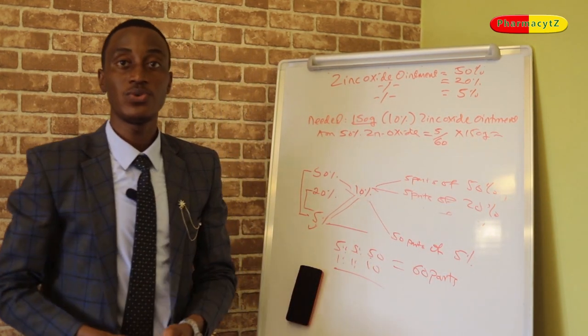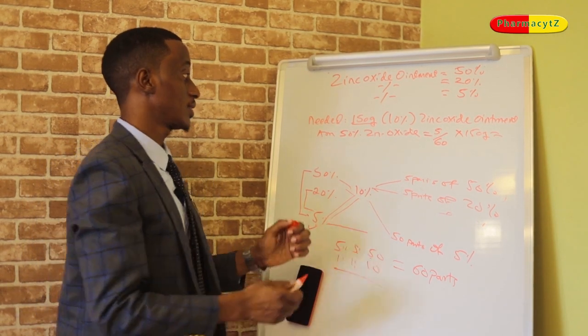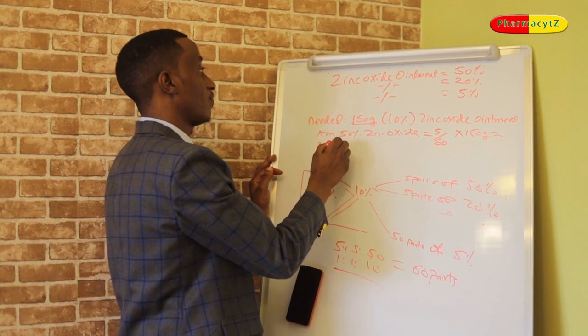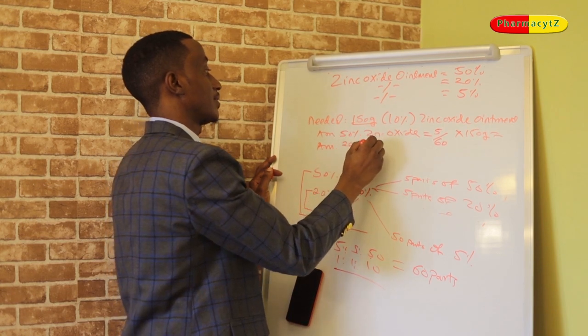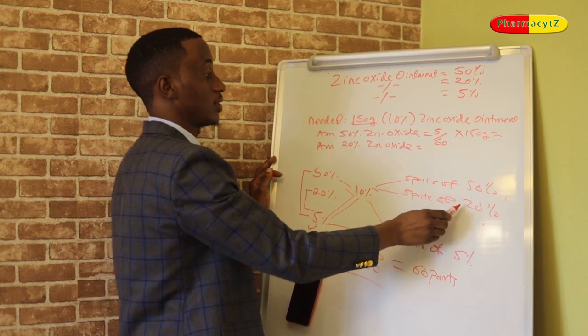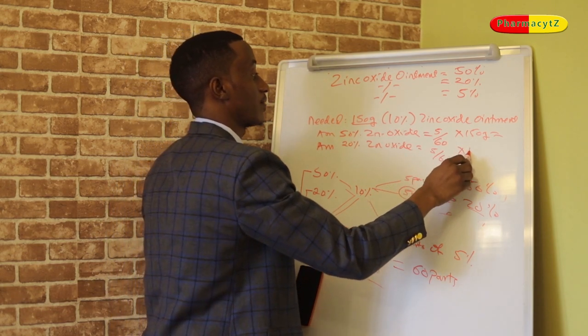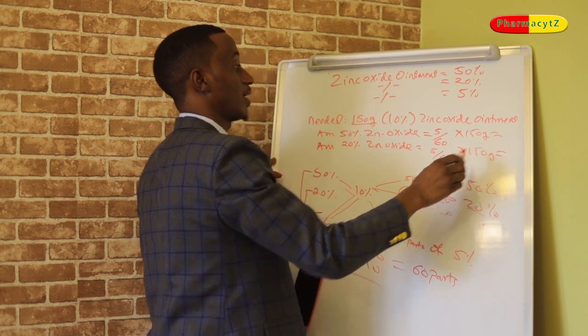Then that will give you the actual amount of zinc oxide, 50% to be used. Then the amount of 20% zinc oxide to be used in this preparation. 20% has also 5 parts over 60 times 150 grams. You're going to get the actual amount.